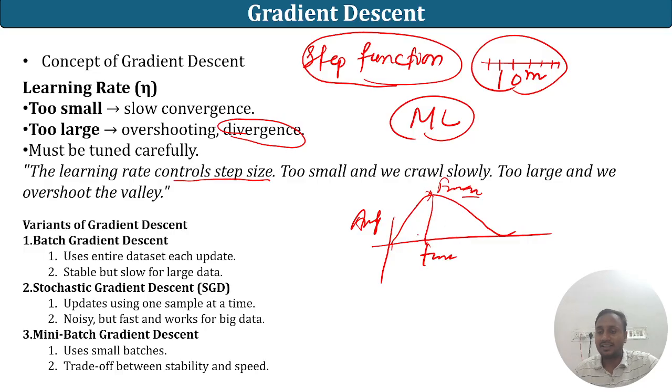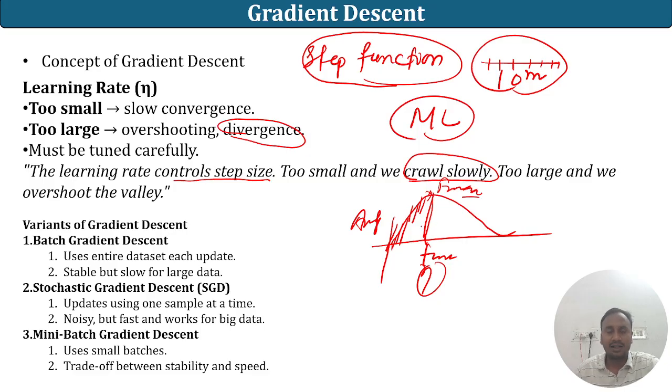The step size becomes bigger, but I want to see what's happening between here and here. So we have to reduce the step size, which is the learning rate. It has to be small, so we have to crawl slowly, taking this much, again this much, from one step to the second step.